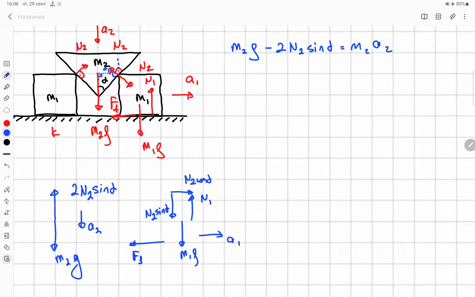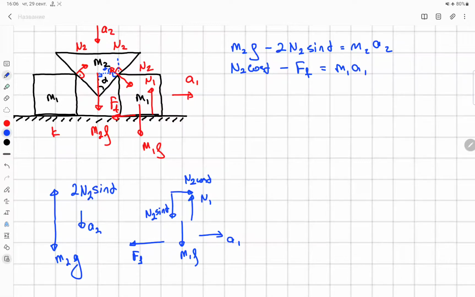I think that's all. So Newton's second law for this object in the horizontal direction. Basically we need the resultant force, net force in the horizontal direction. To the right we have N2 cosine alpha. To the left we have a friction force. That's all, I think. It should be equal to M1A1.